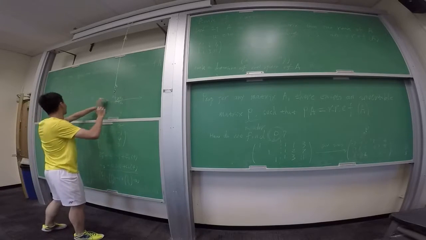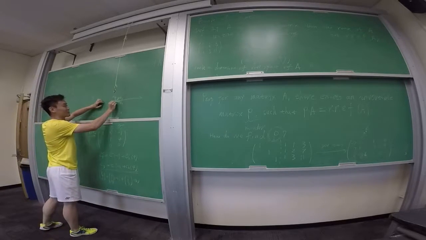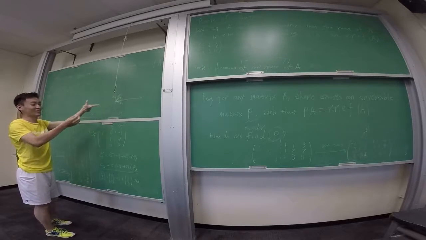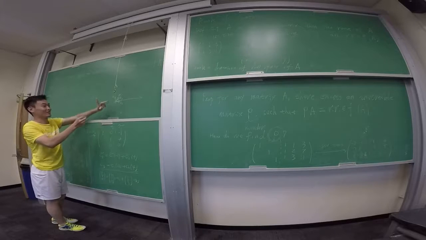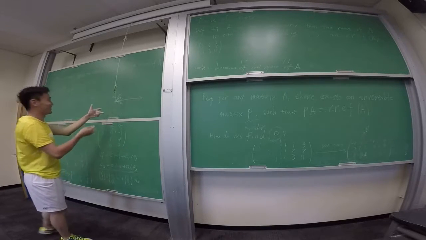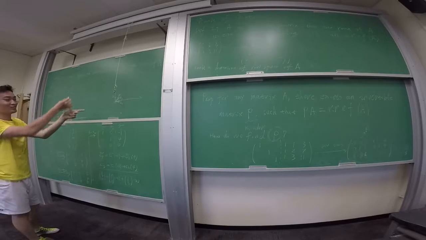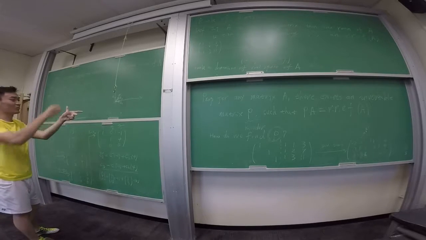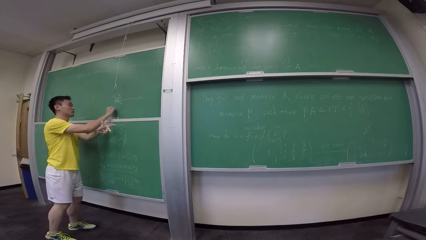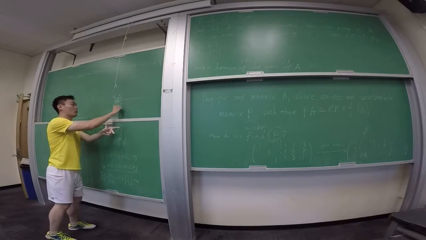Okay, and then this 1, 1, 1 actually means that vector. Okay, this is E1, E2, E3, right? And the 1, 1, 1, which I mean, is E1, E2, E3 multiplied by 1, 1, 1.